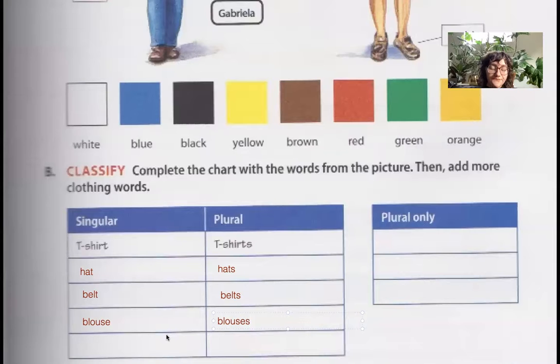So blouses. Now we're going to talk about two words. Well, I guess we could say shoe. Shoe means only one, and when we say shoes, it means two or more, right? So we have shoe, it's just one.